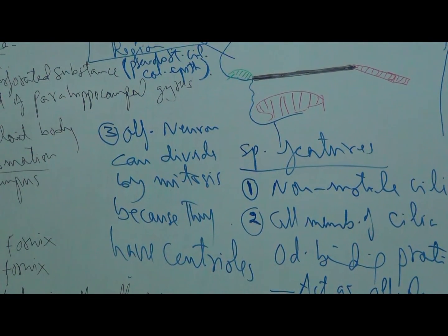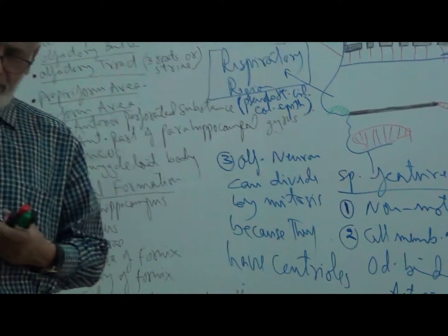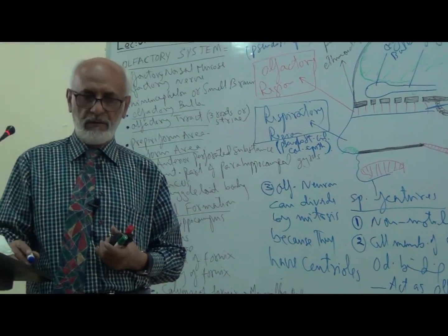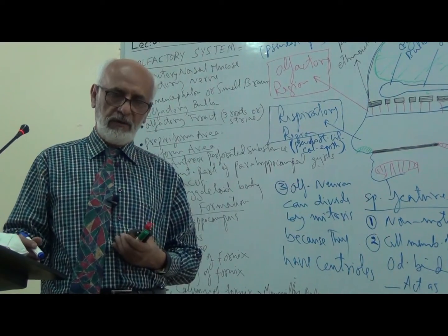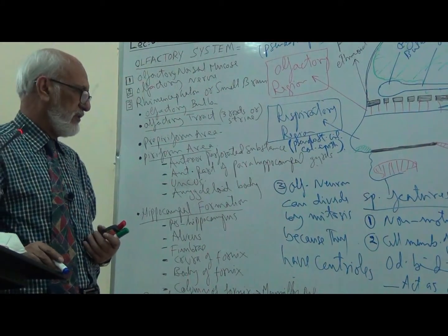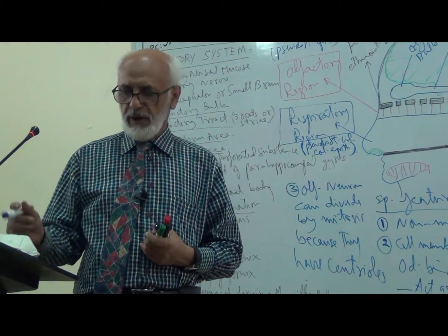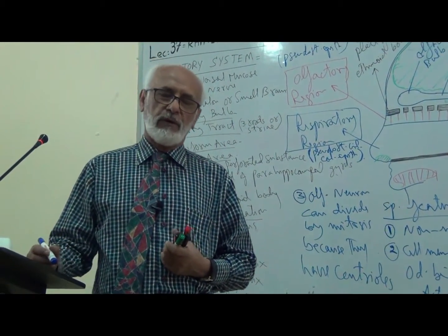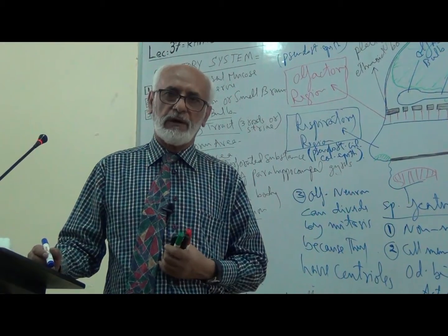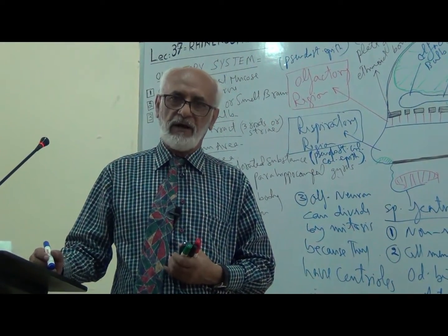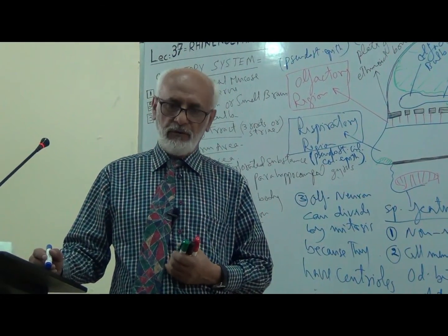The centrioles of the cells help in cell division, forming a mitotic spindle. So the cells replicate. Now the immature neurons have centrioles, therefore the immature neuron can replicate. Why? Because they have centrioles.